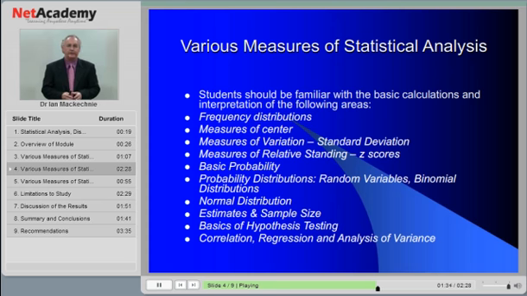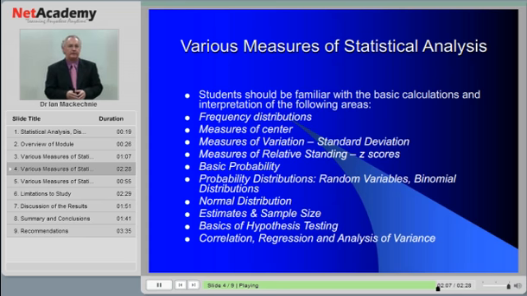And most importantly, we need to be able to understand the basics of hypothesis testing, because as we said earlier, when we set our research questions, we also form some hypotheses about what we guess to be the outcome. So we need to be able to test outcomes to see whether our hypotheses are supported or not supported. So we need to be able to understand the statistics of being able to do that.